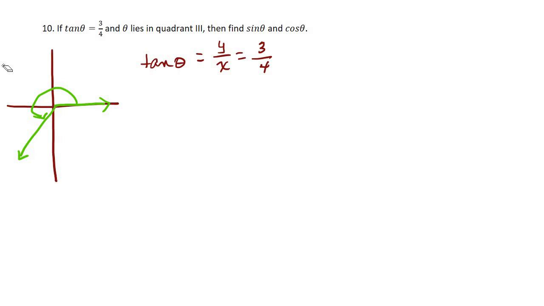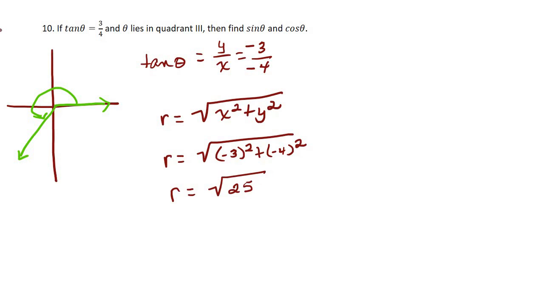Now if I'm in quadrant 3, I actually know that x and y are both negative. So now I can use that information to plug into this formula for r. Now recall that r is the radius, and that's always going to be a positive number, so the square root of 25 here is 5.